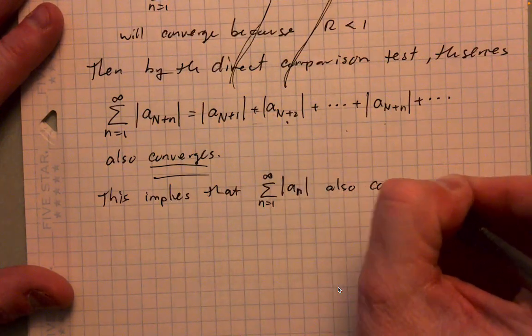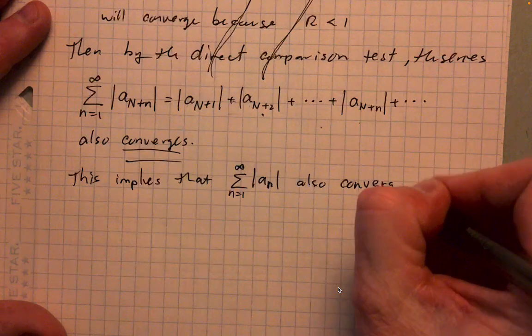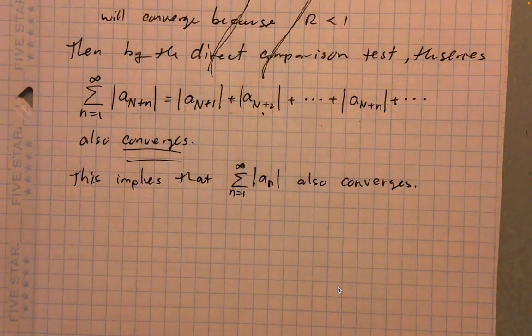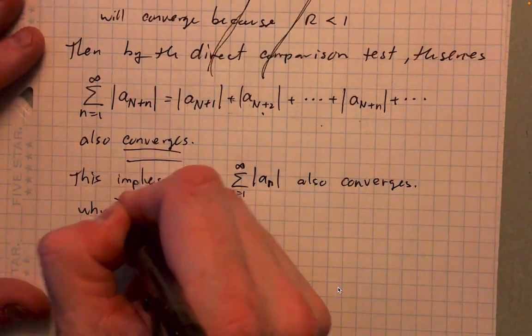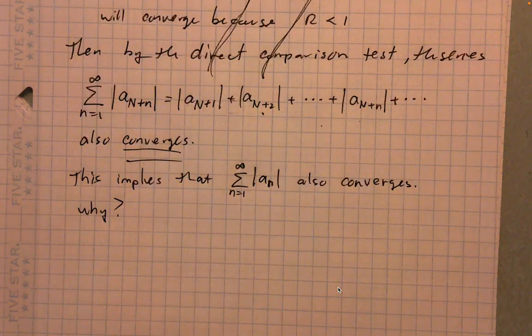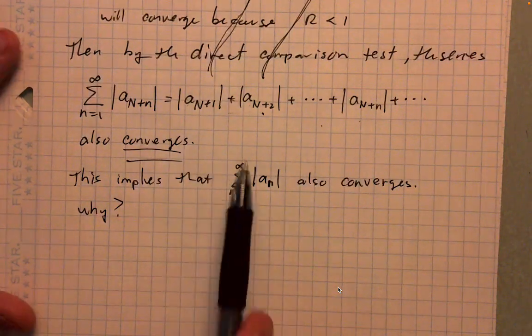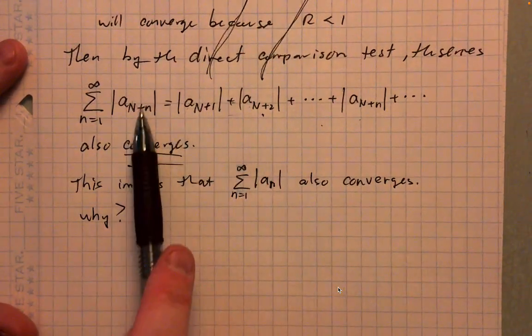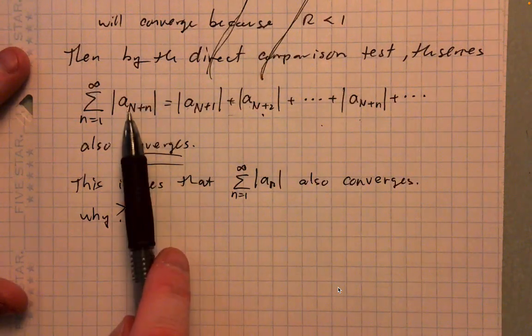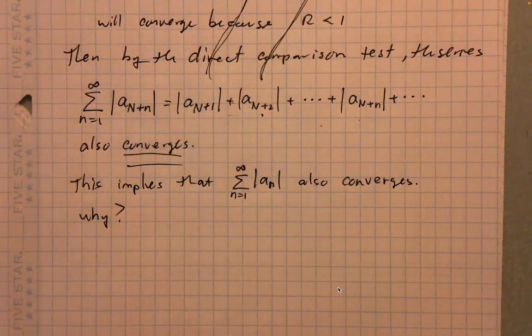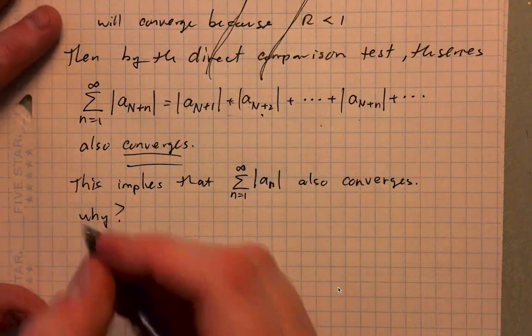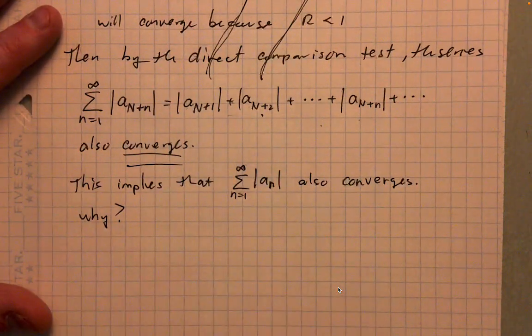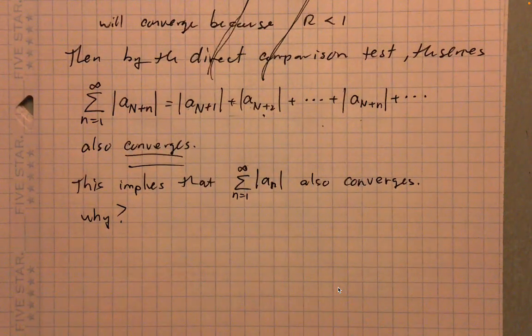Why does this work? Why does that make sense? Hopefully it makes sense, because basically these two series are the same, except this one is missing the first big N terms. It's missing a finite number of terms up front, and that's not going to impact the convergence of the series.